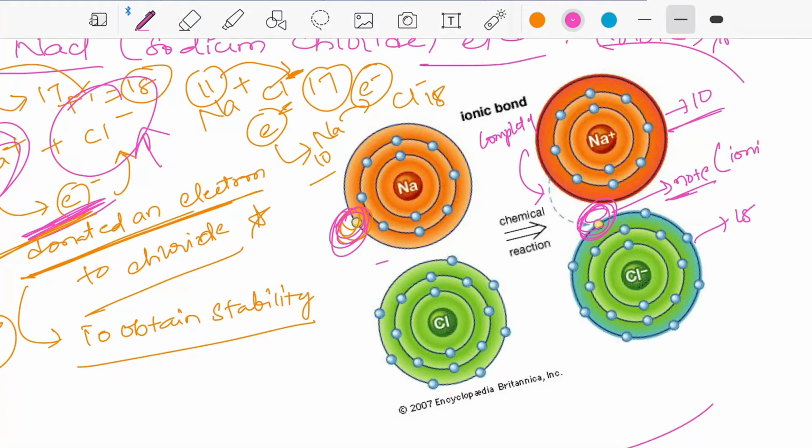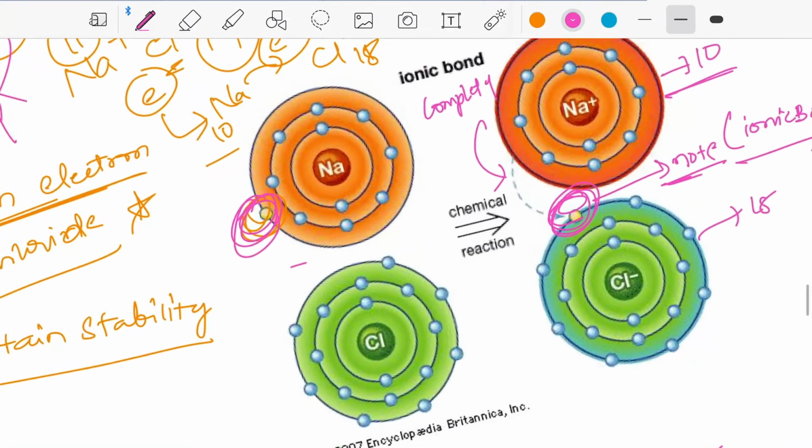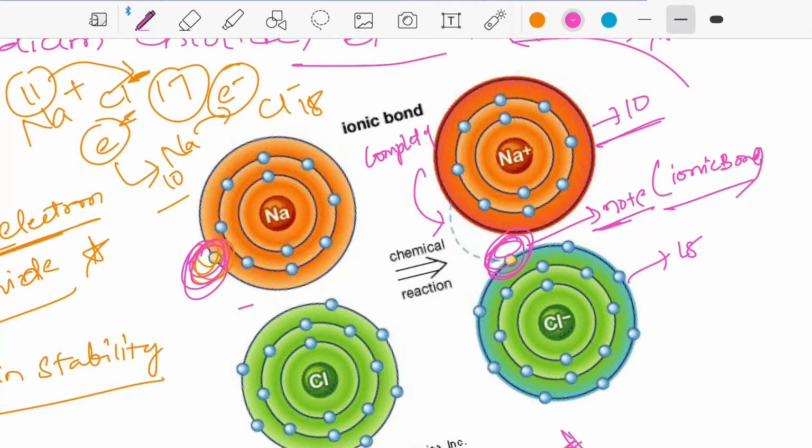Why ionic bond? Ionic bond resulted due to the complete transfer of an electron. Here we have to observe that the yellow one in the Na is completely transferred to the Cl.